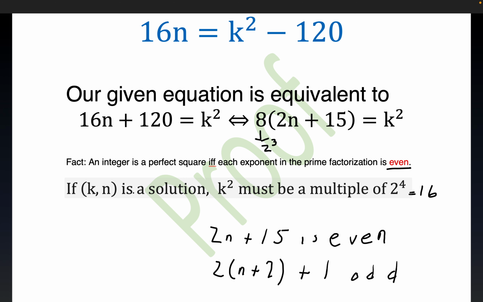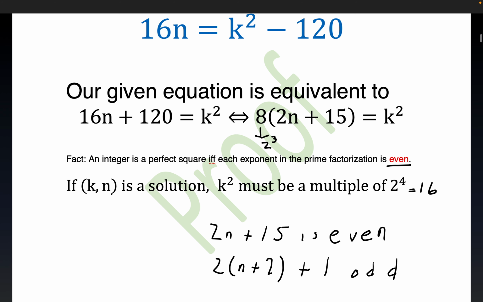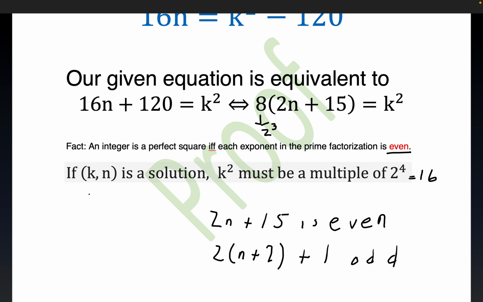So that came from assuming that k, n is a solution, and k, n being, maybe I should be more cautious here, k, n a member of Z cross Z, the Cartesian product of the integers. So I guess we have a contradiction.